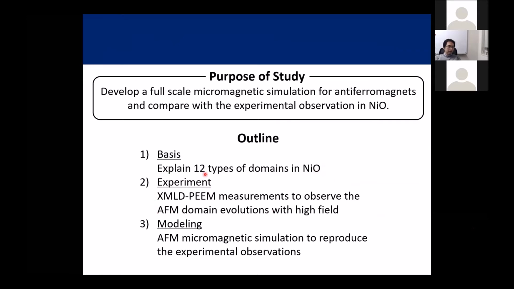Second, I will show our XMLD-PEEM measurement experiment and the domain evolution with a high magnetic field. And third, I'll talk about our novel antiferromagnetic micromagnetic simulation to reproduce the experimental observations.